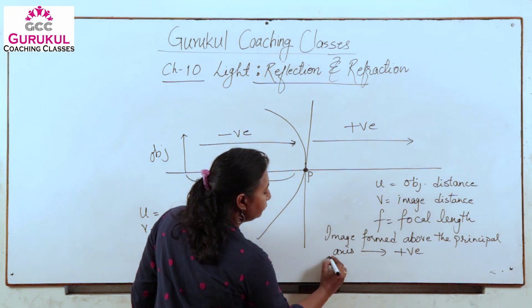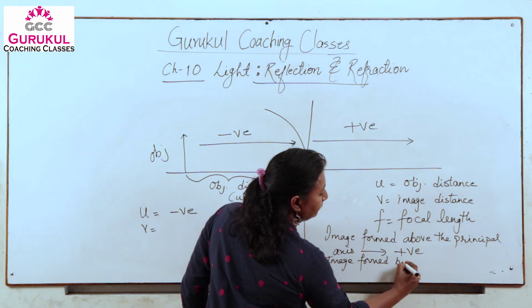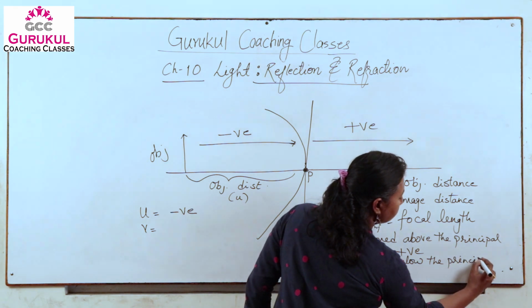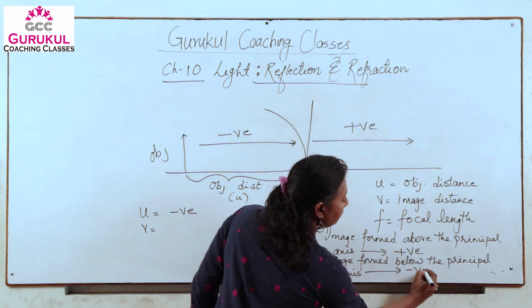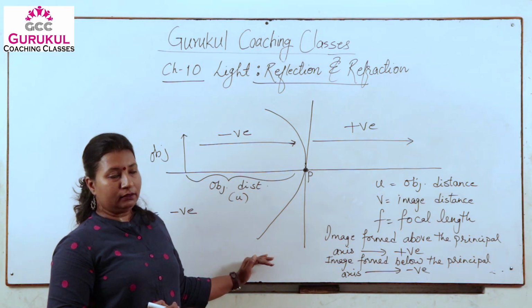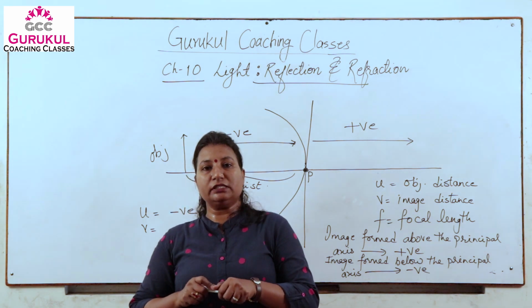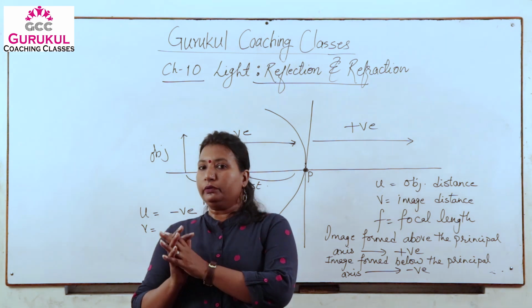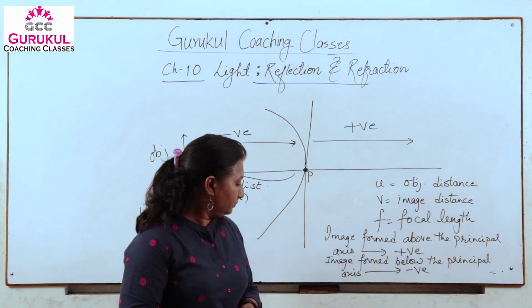And if the image is forming below the principal axis, then it will be negative. So we have to keep all these things in mind. I will tell you how, in concave mirrors, convex mirrors and different types of lenses, we have to take the units, meaning when U will be negative and when V will be negative.